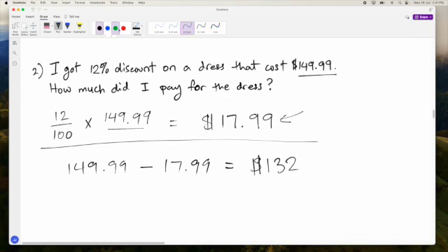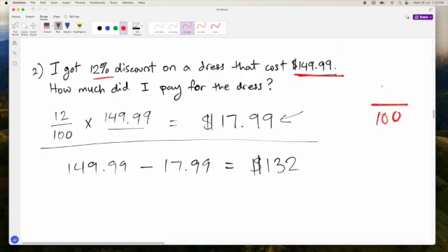Number 2, remember, try to think about what represents the 100%, right? So I got a 12% discount on a dress that cost $149.99. How much did I pay for the dress? So this would represent the full amount of the dress, right?